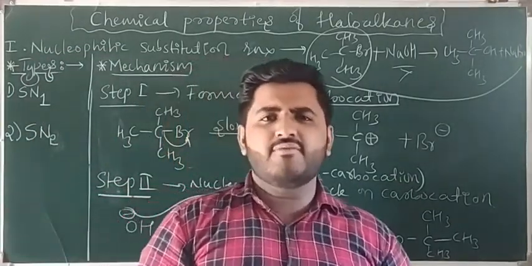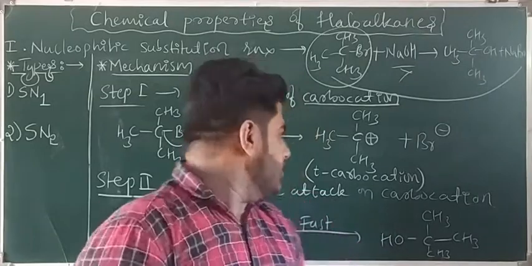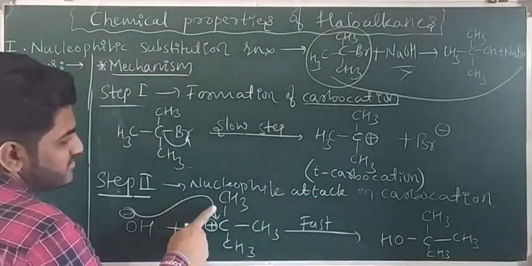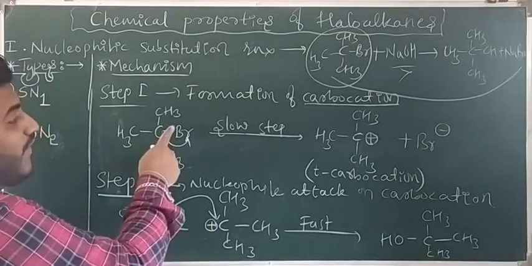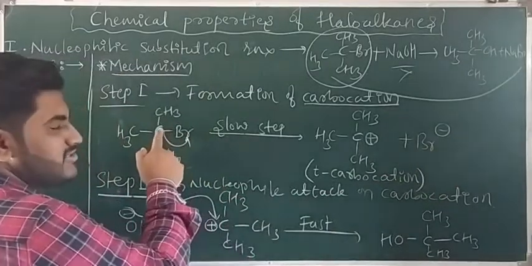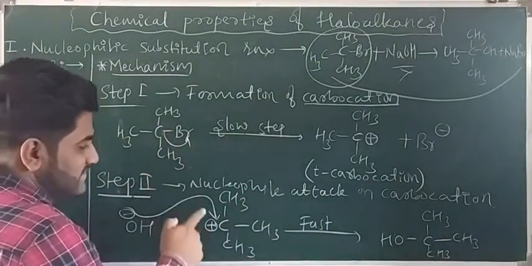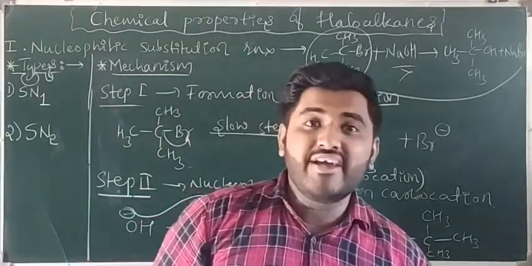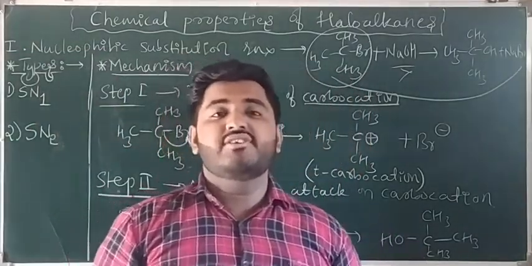What is retention of configuration? Whenever the OH minus attacks, it attacks on the side where the halogen atom is released. Wherever the halogen atom was attached earlier, at the same position the nucleophile is attached. That means no configuration change, no stereochemistry change.